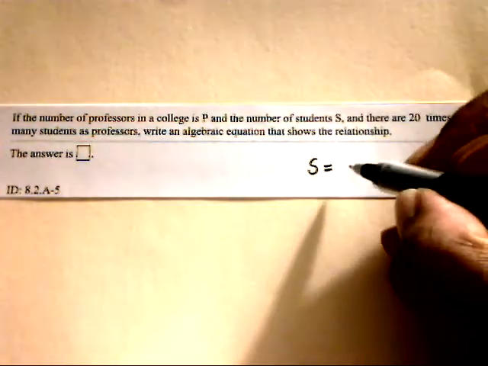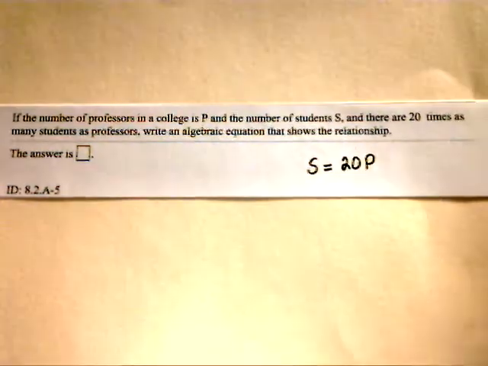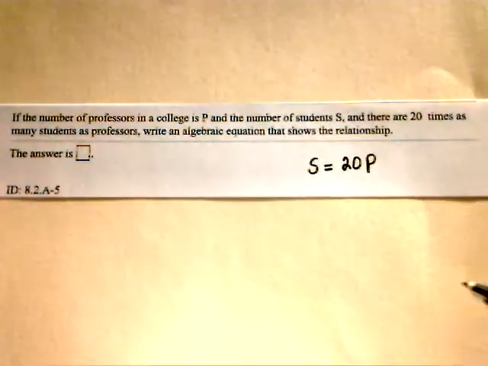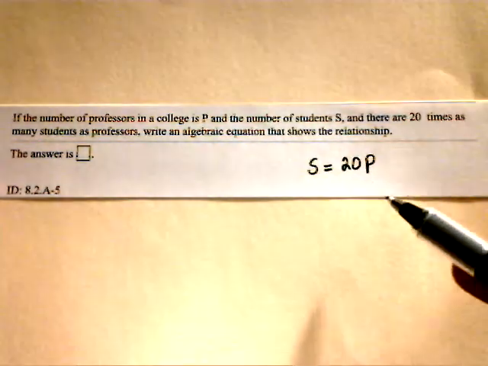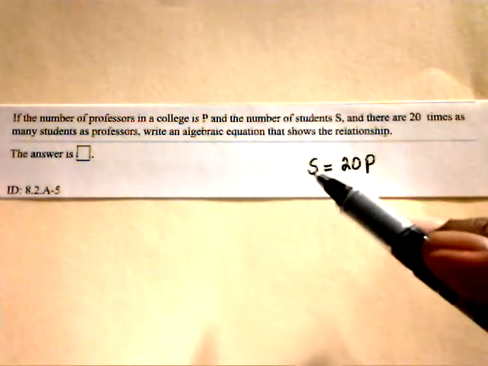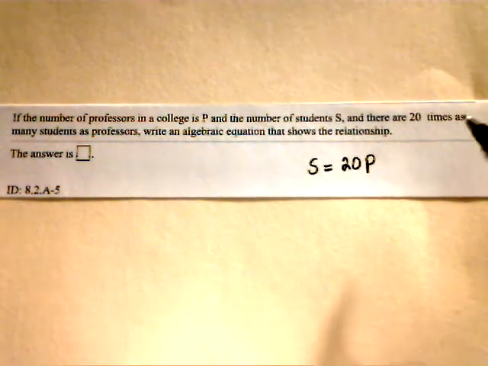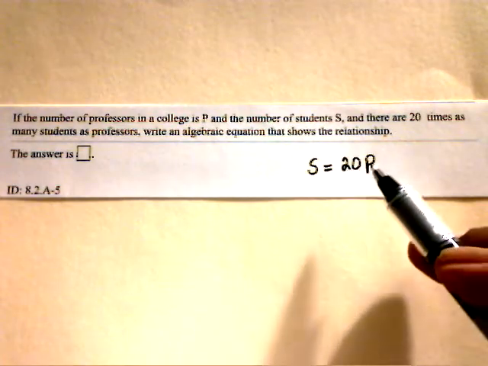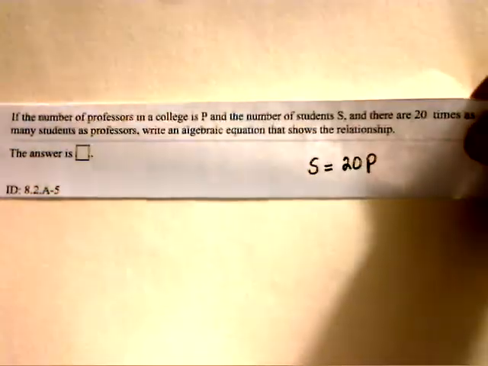So if P is the number of professors at a college, then S will be equal to 20 times P. So this will be your equation. S equals 20P. And you have to type in the entire equation to show that relationship. The number of students is 20 times as many as professors. S is equal to 20 times P.